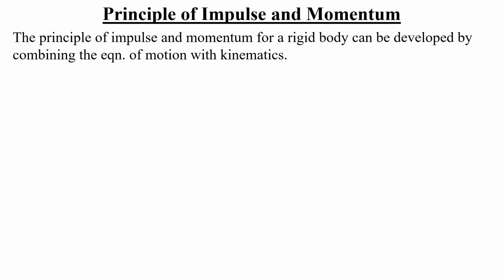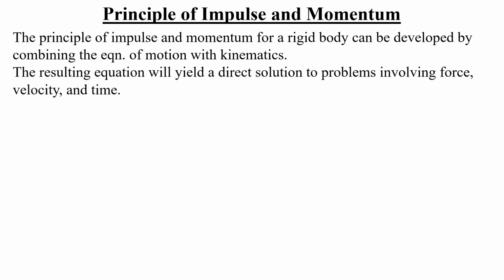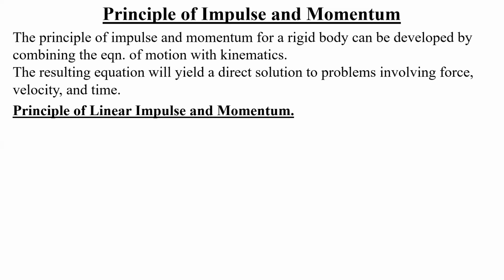The principle of impulse and momentum for a rigid body can be developed by combining the equation of motion with kinematics. The resulting equation will yield a direct solution to problems involving force, velocity, and time. Principle of linear impulse and momentum.